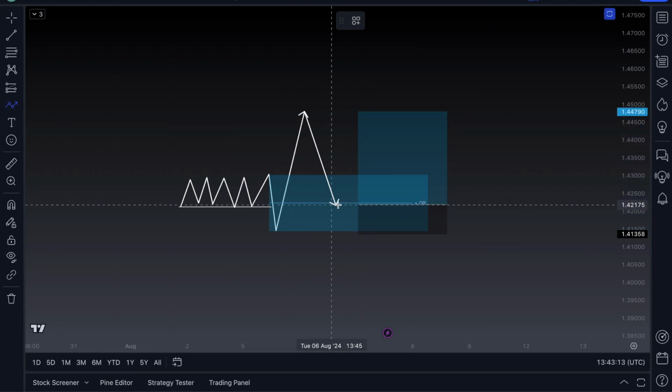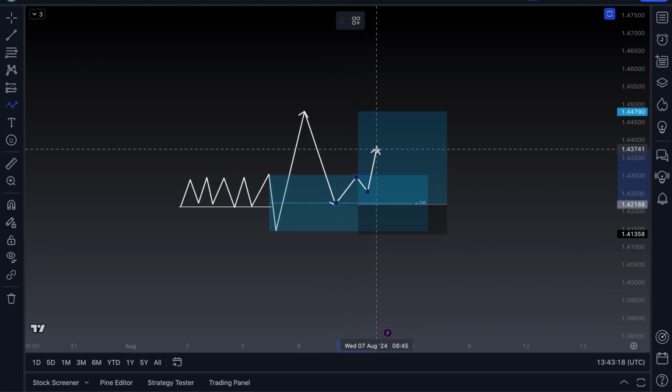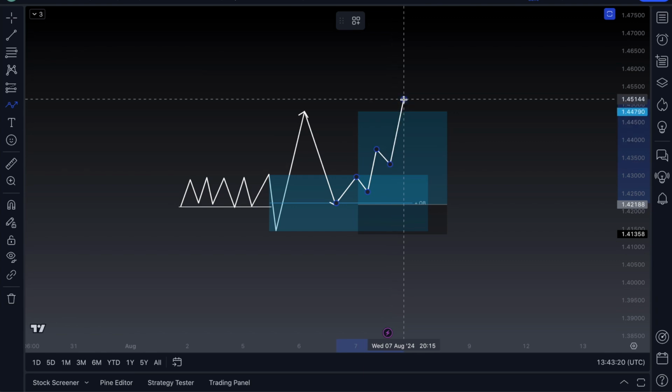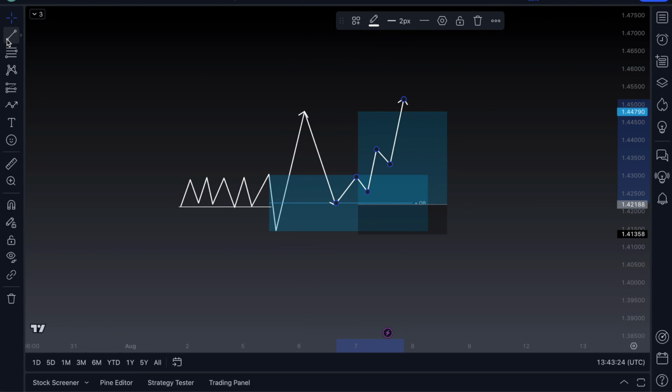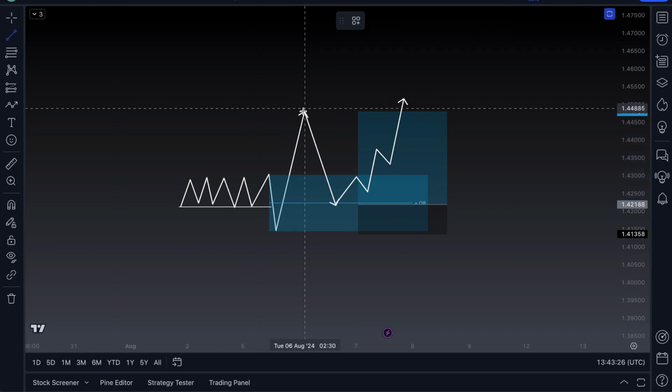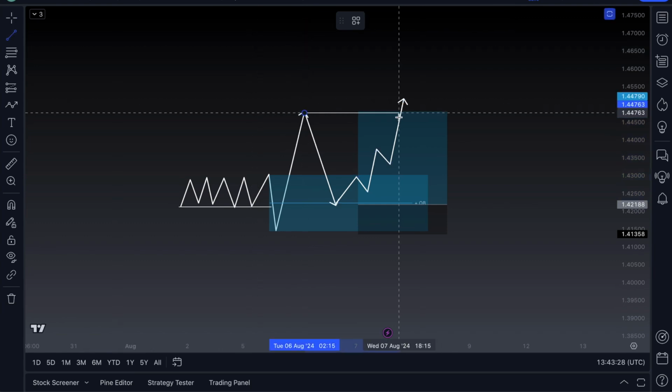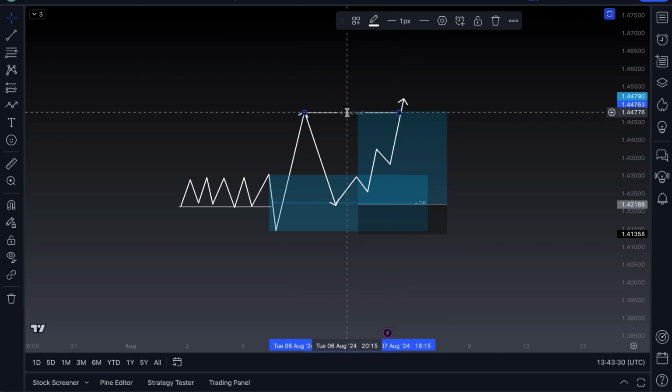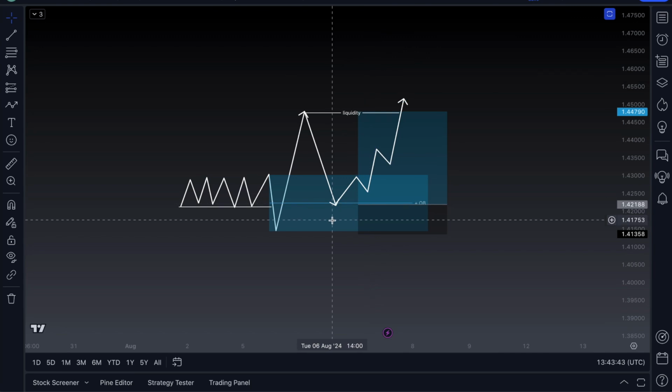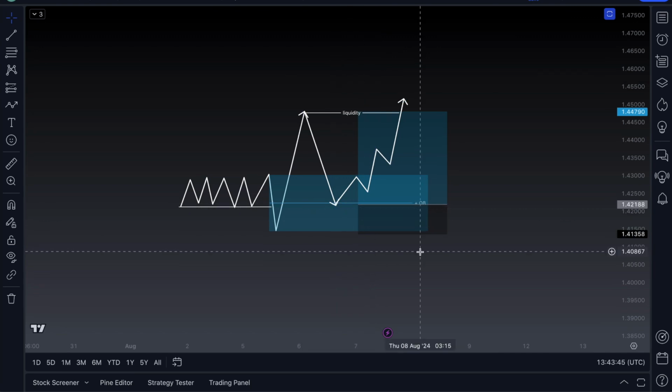So now we would expect price to continue on to opposing liquidity. That is as simple as it gets.